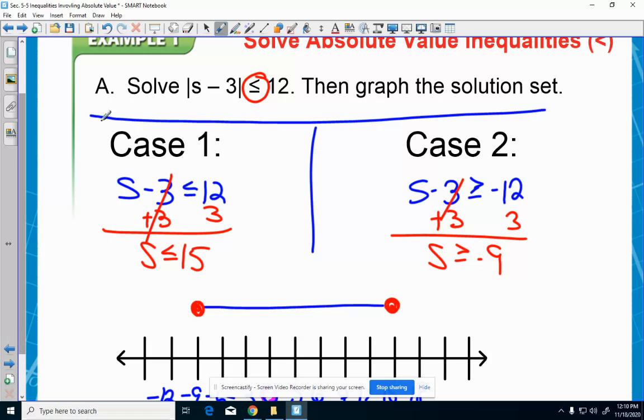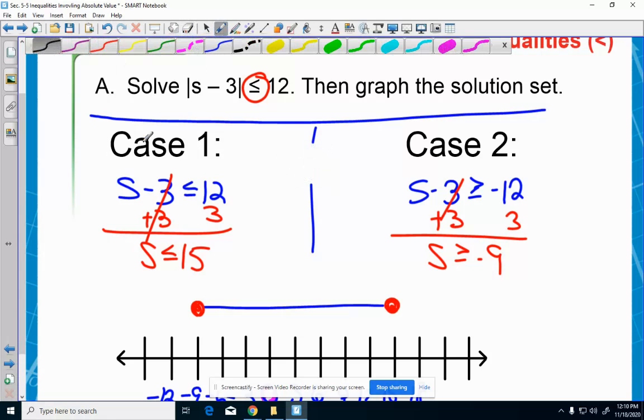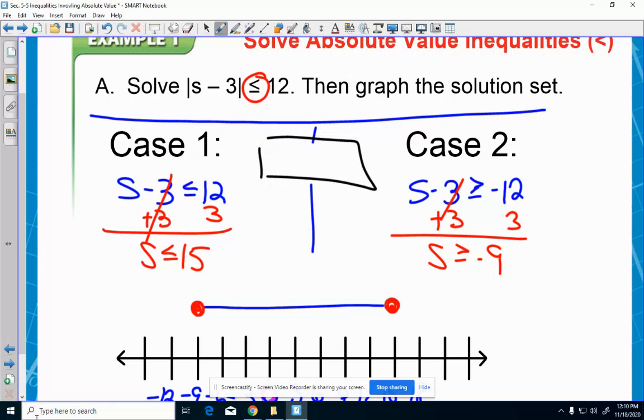Okay? These types of statements, erase a little box right there. And we're going to write something in there. What am I going to write? And. That symbol is always going to produce an and statement. So in fact, I'm going to know before I start that if I see a less than, or if I see a less than or equal to, I will know that this is going to be an and compound inequality.